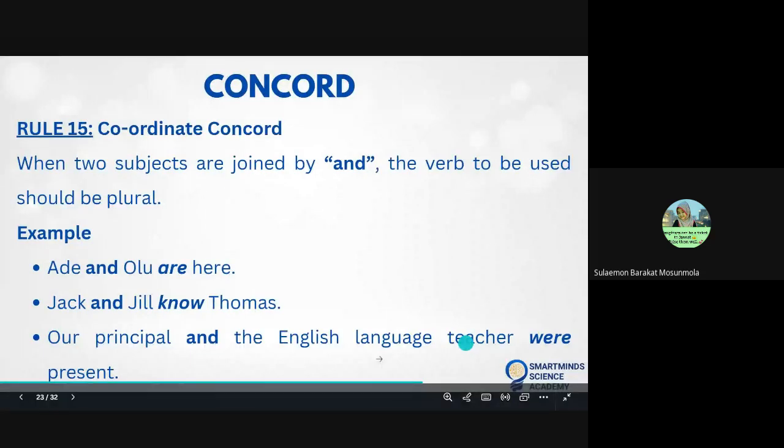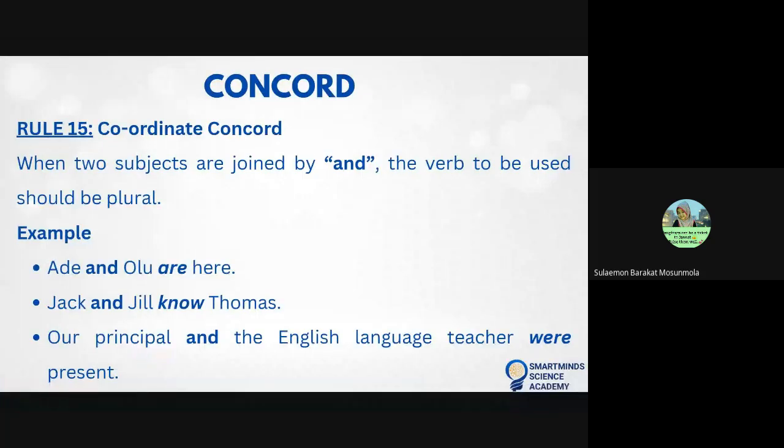In this sentence, this is clearly telling you that the principal, Mr. Ogundimu, is different from the English language teacher, Mr. Shofumbi. Our principal, his name is Mr. Ogundimu. It's just like saying Mr. Ogundimu and Mr. Shofumbi were present. You can see Mr. Ogundimu is different from Shofumbi.